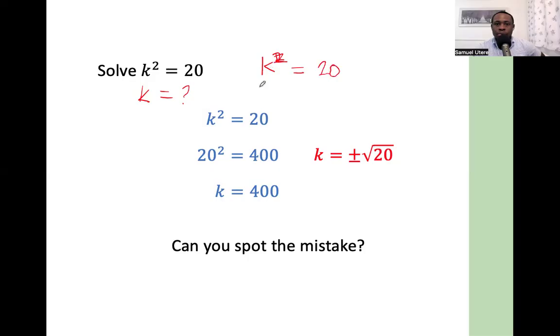So if we do the square root of both sides, that cancels out, and we now have square root 20. But of course, remember from the last question we looked at in the previous slide, that when you solve equations, you must have k equal to positive and negative square root 20. Why?